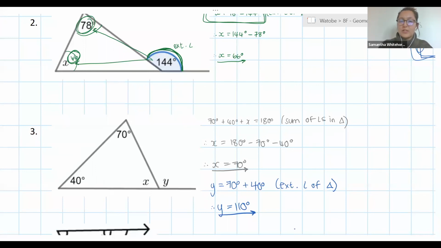As long as you've got X is 70 and Y is 110, and you've put all your reasons down, that's absolutely fine. In this case, we found X using sum of angles in a triangle, and then Y using exterior angles of a triangle. However you've done it, as long as you've got the correct reasons, you will be absolutely fine.